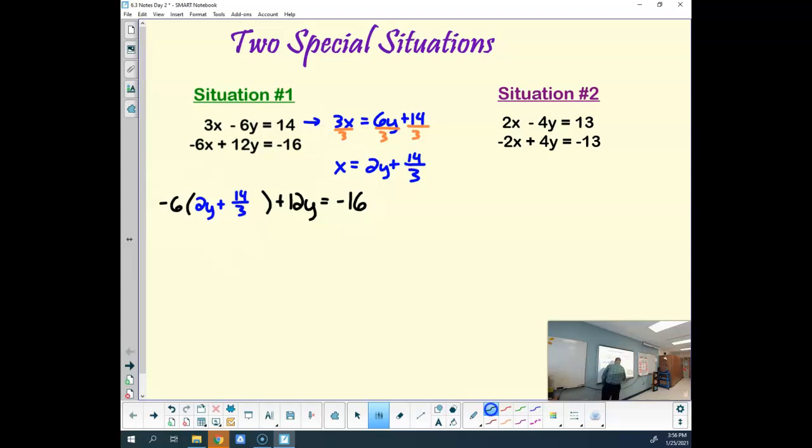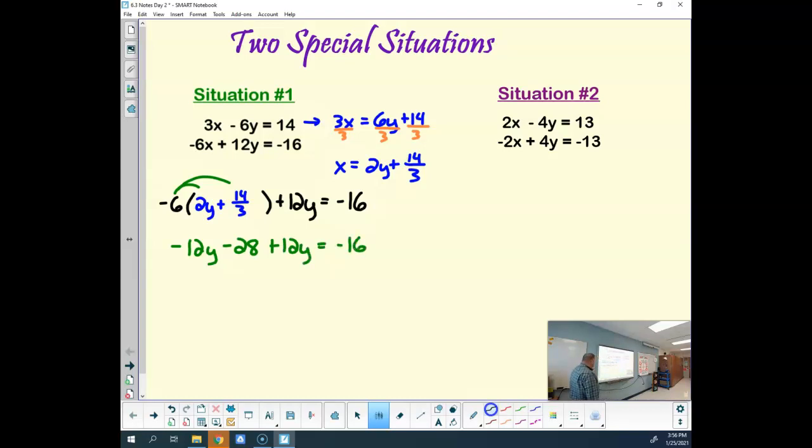If I distribute in this negative 6, I would have negative 12y. Negative 6 divided by 3 is negative 2, times 14 is negative 28, plus 12y, and that would equal negative 16.